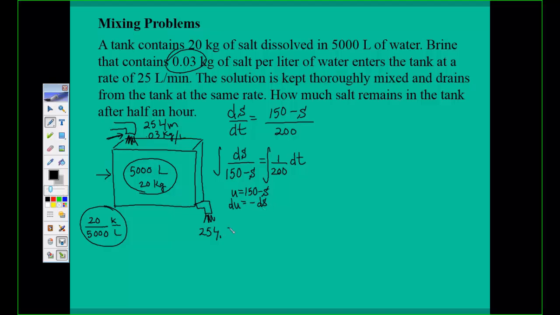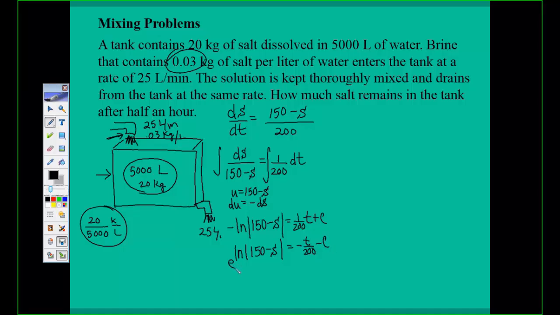So it would be negative natural log of the absolute value of 150 minus S equals 1 all over 200 times t plus our constant of integration. I'm going to multiply the negative. So we would get negative t all over 200 minus C.